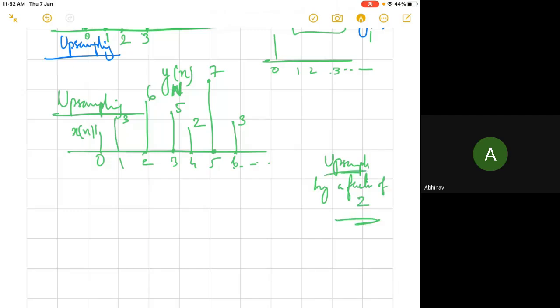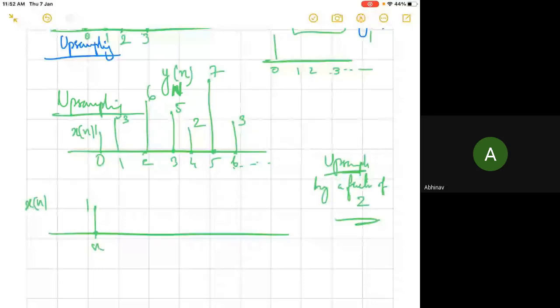what is going to happen is your original signal at n equal to 0 remains there. So at n equal to 0 you have 1. Then what happens at the other instance?